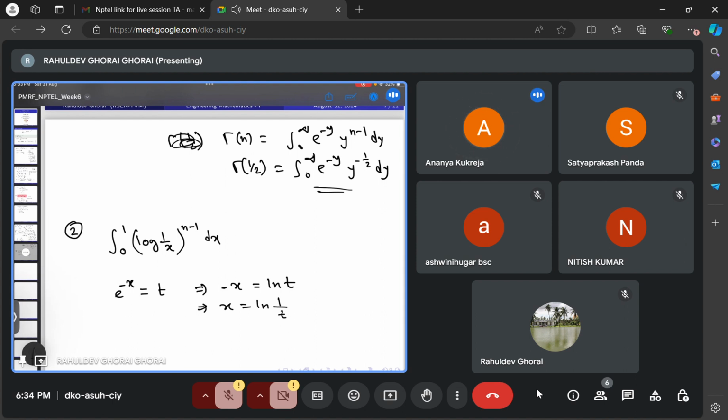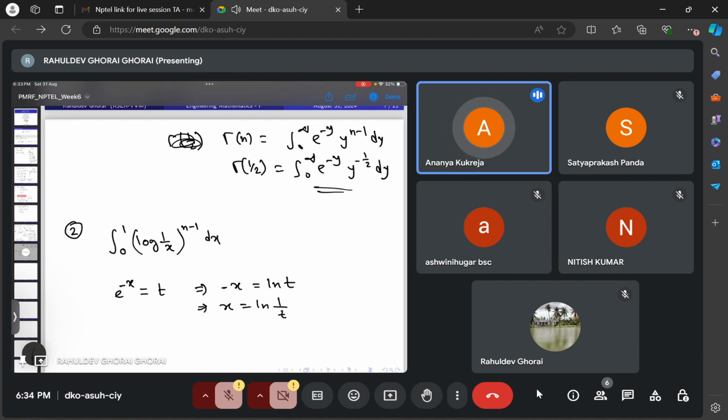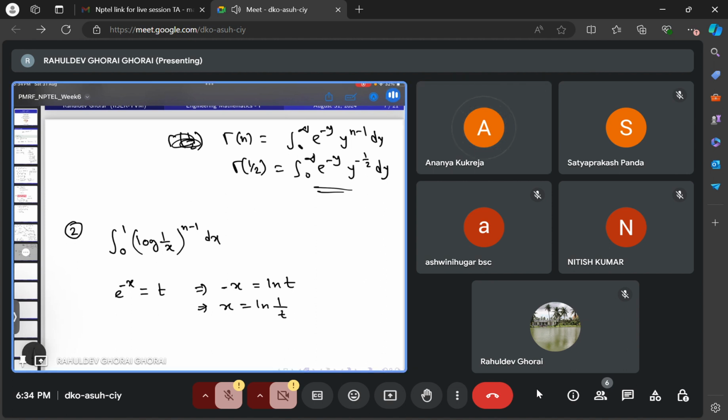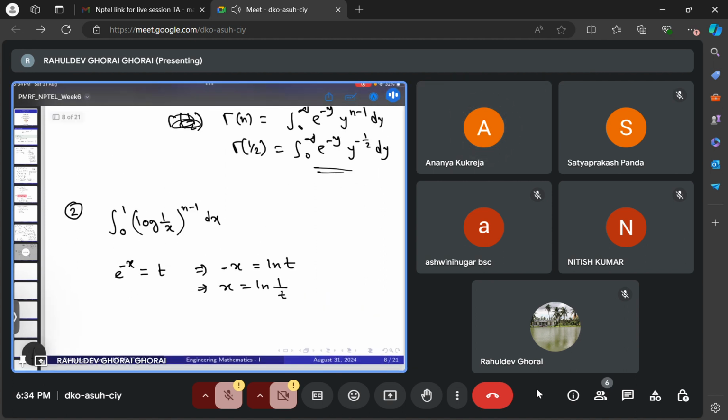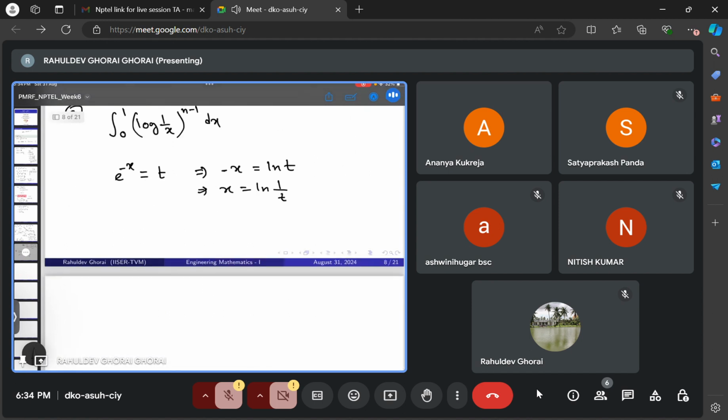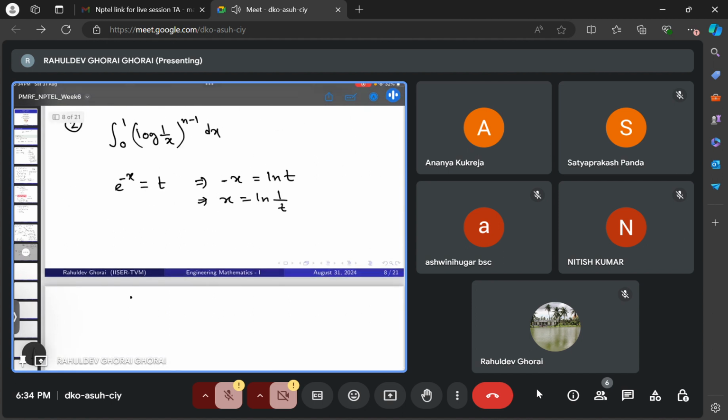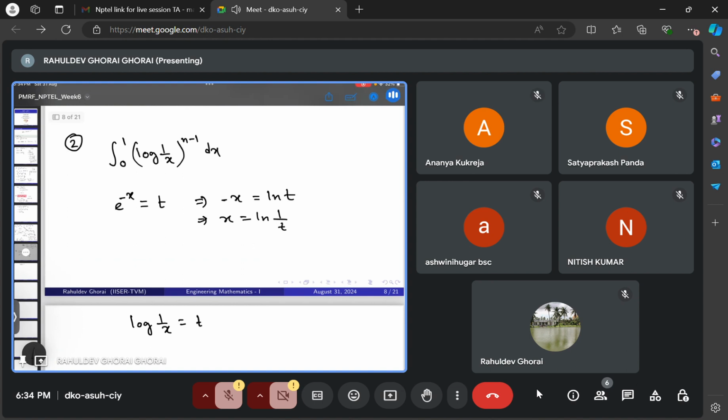Then, sir, ln 1 over t, and then we can replace it here. When you write this one, it will be good if you start not with e to the minus x equal to t. I mean, just use log 1 by x equal to t. It will be more or less the same, but when you write this dx and all, you will be confused.